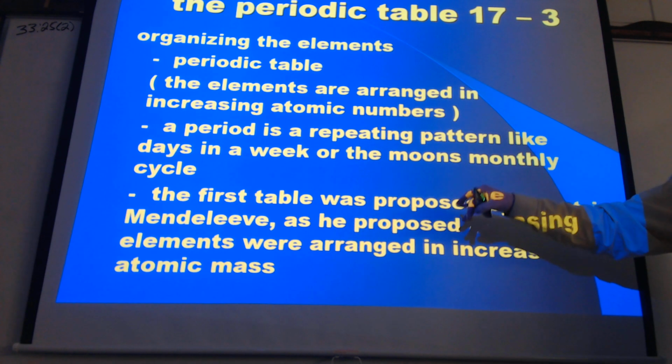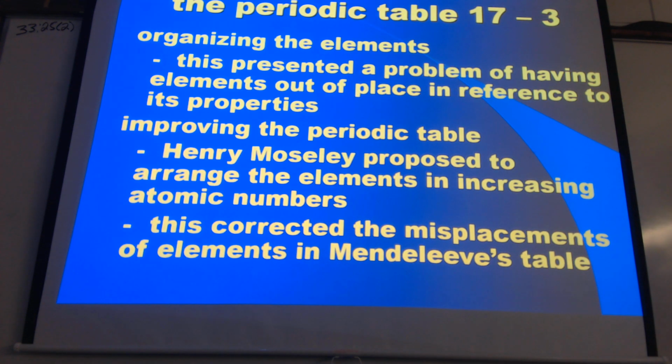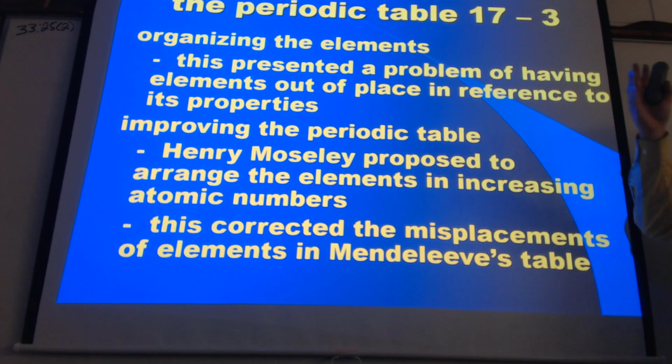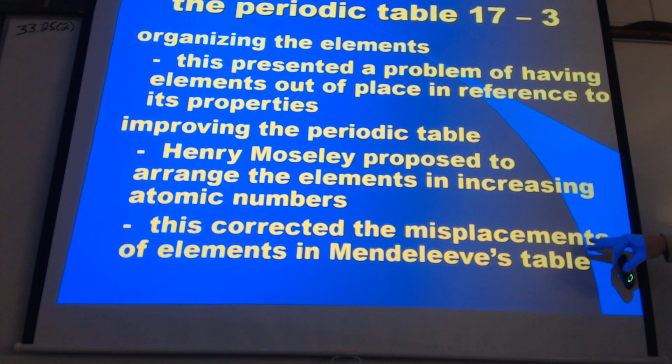Not atomic mass, which is what number? You said it in an indirect way. You're right, but the number of protons, which is the atomic number. So what we see here presented that problem, that tellurium and iodine elements would be out of place because of arranging by atomic masses. So increasing atomic number actually corrects these misplacements.